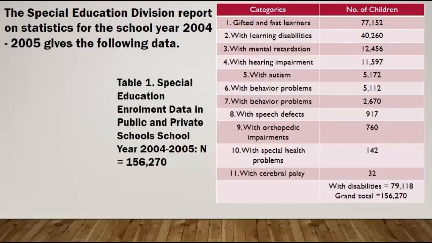Number of children with speech defects, 917. Number of children with orthopedic impairments, 760. With special health problems, 1,142. With cerebral palsy, 32.